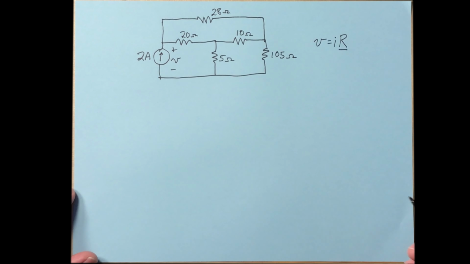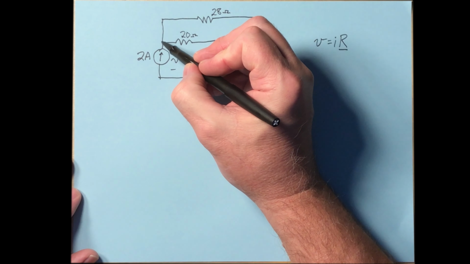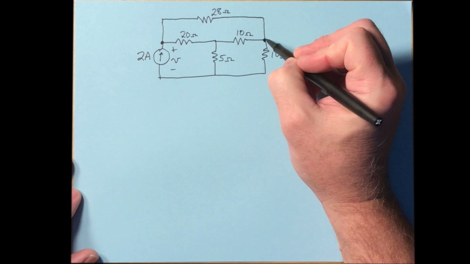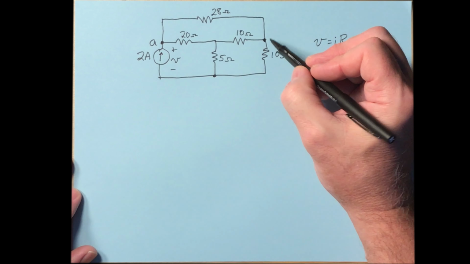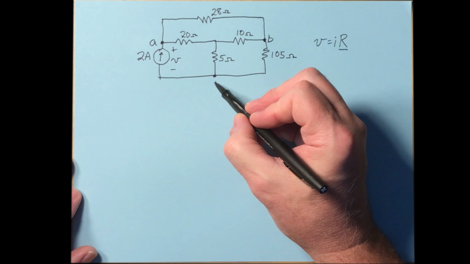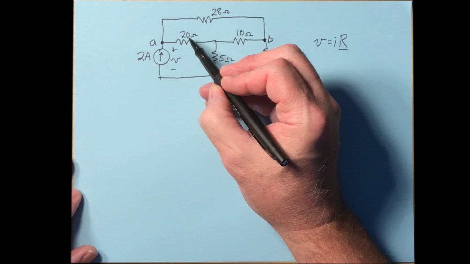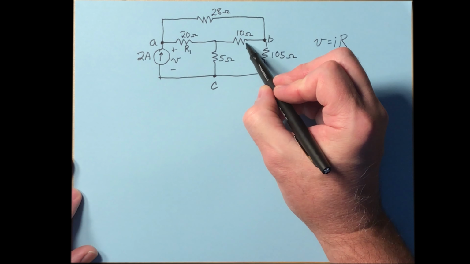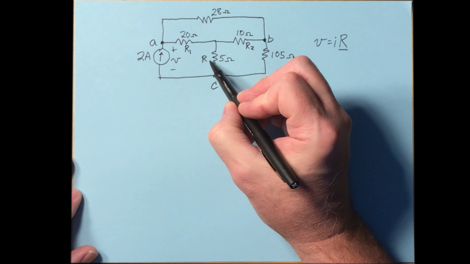However, you might notice there is a big T right in the middle of this. So this would be one way to solve this circuit. That could be a terminal, that could be a terminal, that could be a terminal. So there's terminal A, over here's terminal B, here's terminal C, like that. If this is terminal A, then this is resistor 1, this is resistor 2, and this is resistor 3.